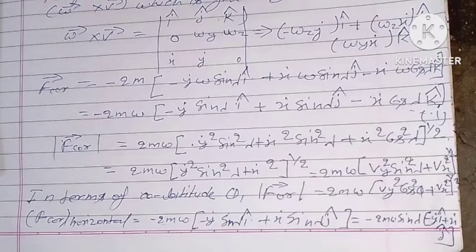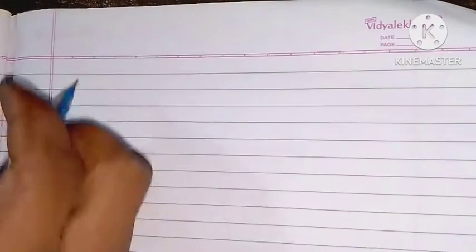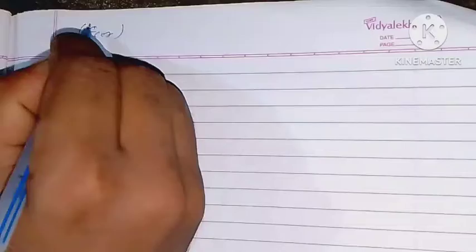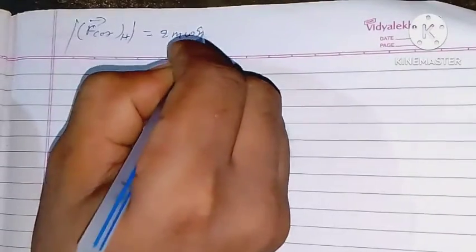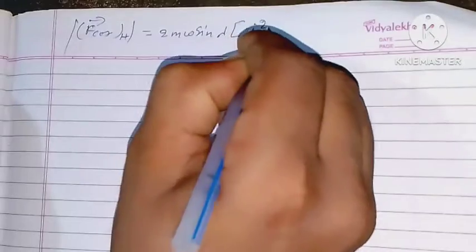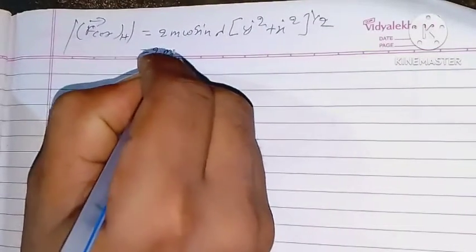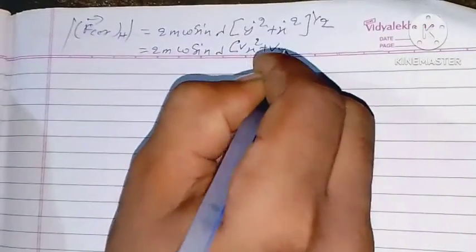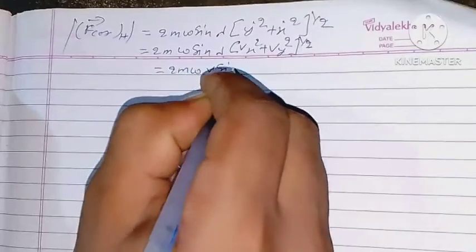The magnitude of the horizontal component is 2m omega sin lambda (y dot squared plus x dot squared) to the power 1 upon 2, which equals 2m omega v sin lambda.